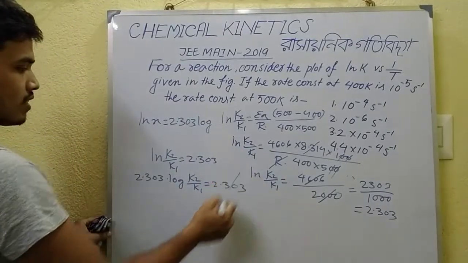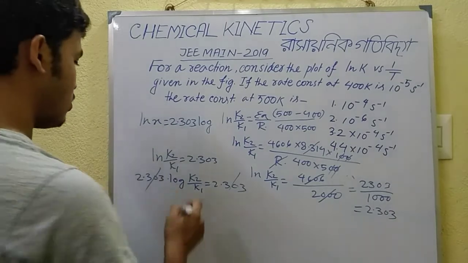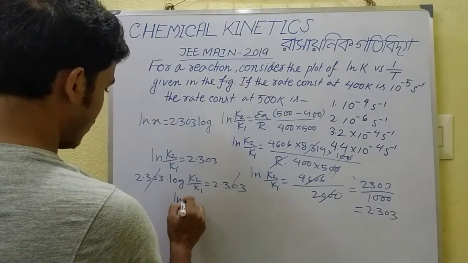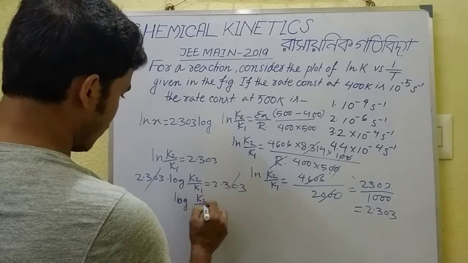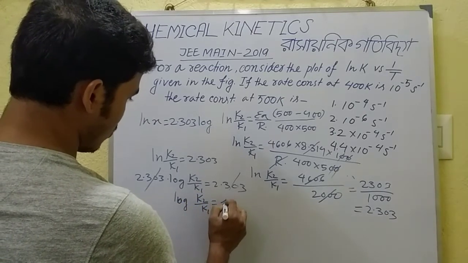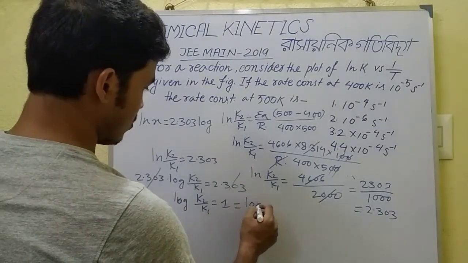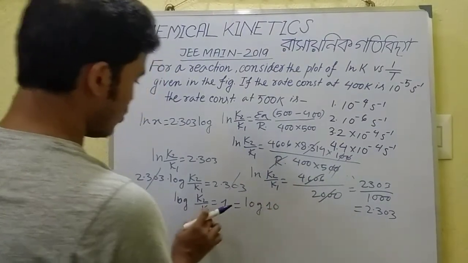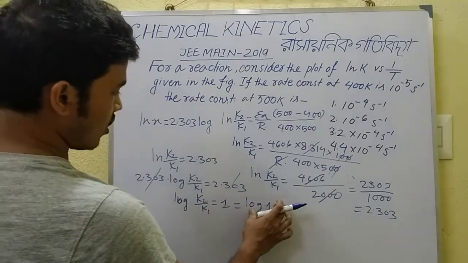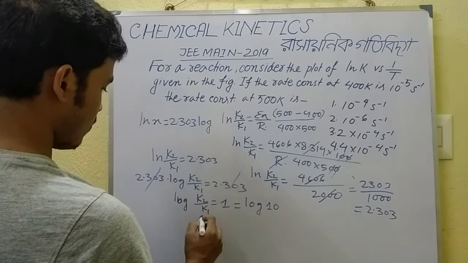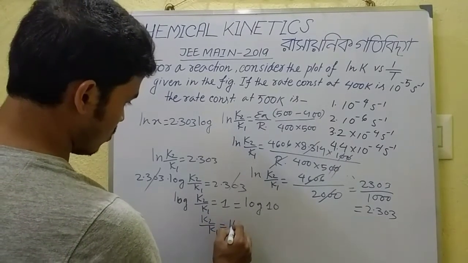Now we can cancel out 2.303 and 2.303 here. Okay, now the remaining is log k2 by k1 is equal to 1, and 1 means log 10. So log k2 by k1 is equal to log 10. So we just cancel the log function. So k2 by k1 is equal to 10.